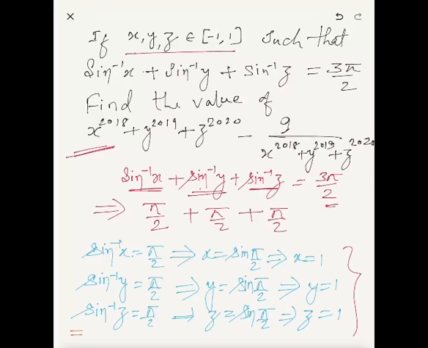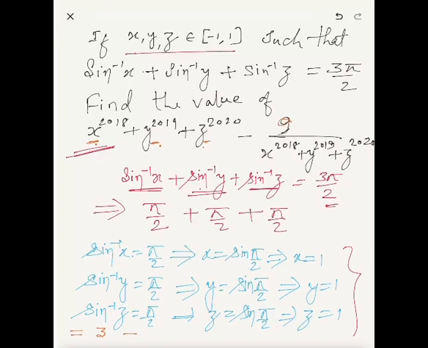Your x is 1 to the power 2018, it will be 1. Again, when you put 1 in place of x, 1 in place of y, 1 in place of z, what you will get? 1 only. So 1 plus 1 plus 1, how much? 3, isn't it?